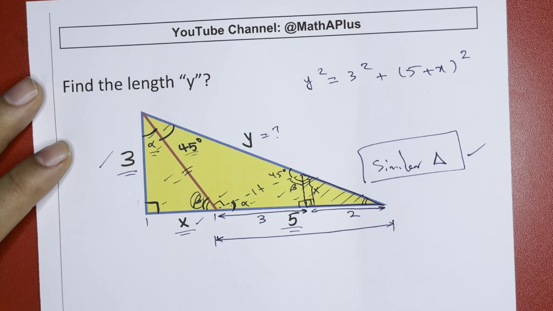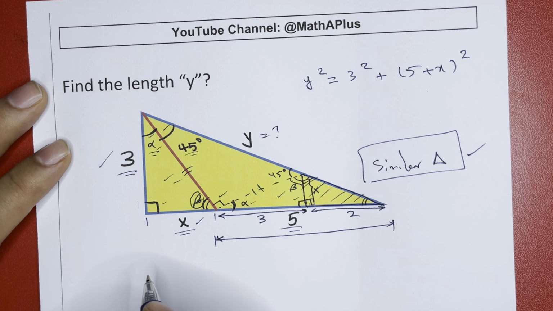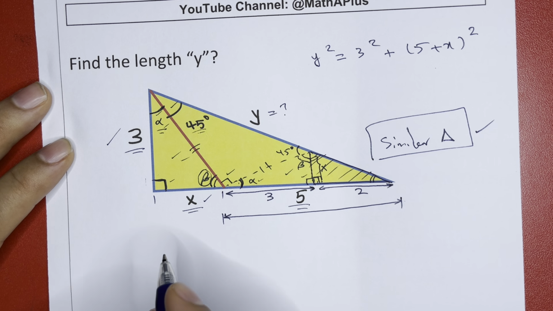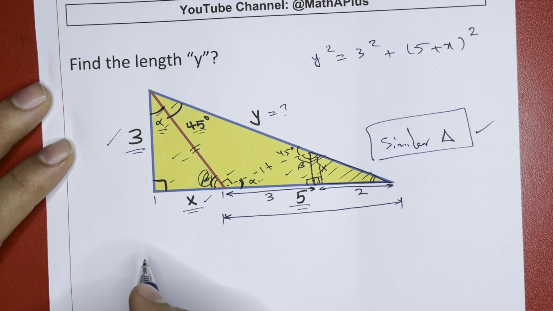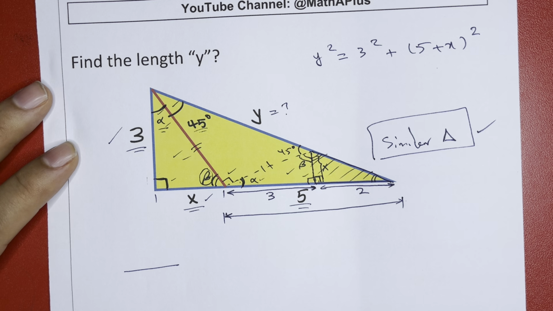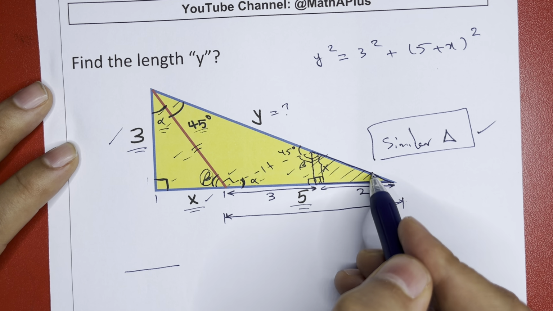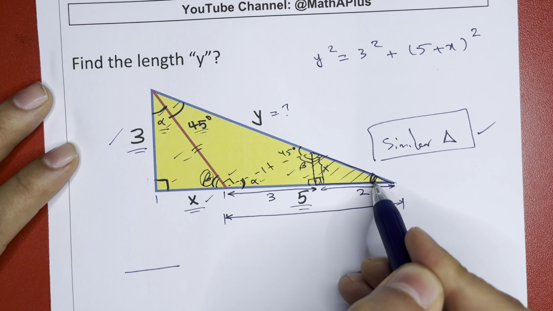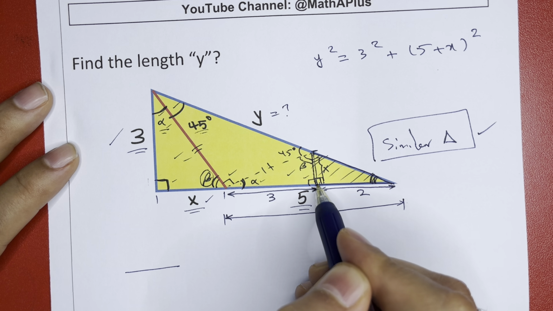Okay, now we can easily find the relation. So put the corresponding lengths of angles. For example, in the small triangle, the length in front of this angle, which is a common angle, is x, right? This length is x.